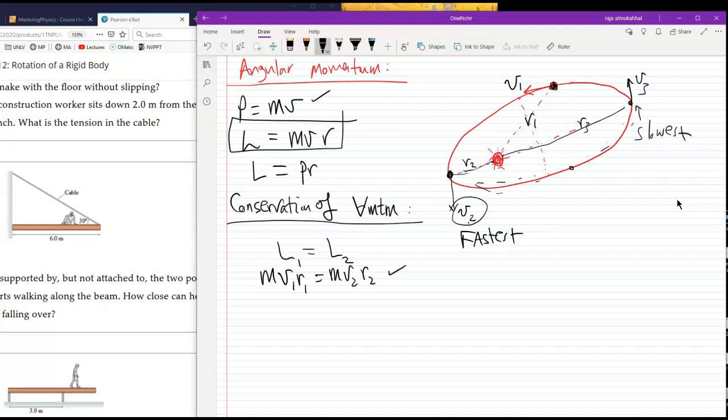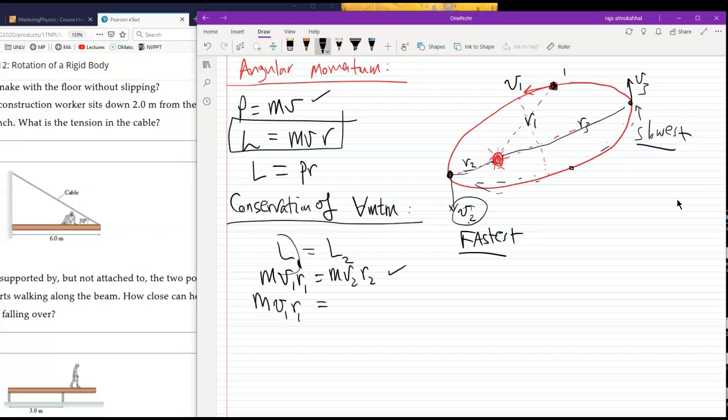The question is, why is it fastest here and slowest here? Well, it has to do with angular momentum. It has to do with the fact that this product, mvr, has to be the same at all times. In other words, L1 and L2 must be the same. Let's apply it. Look at r1 here, this is situation 1. Here is the mass of the Earth, the velocity v1 and r1.